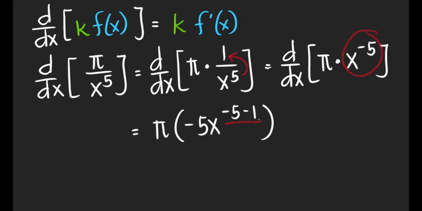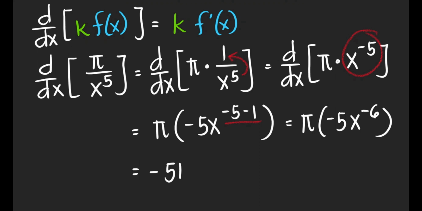Negative 5 minus 1 is negative 6. Therefore, the resulting value will be pi times negative 5 times x to the power negative 6 equals negative 5 pi x to the power negative 6.